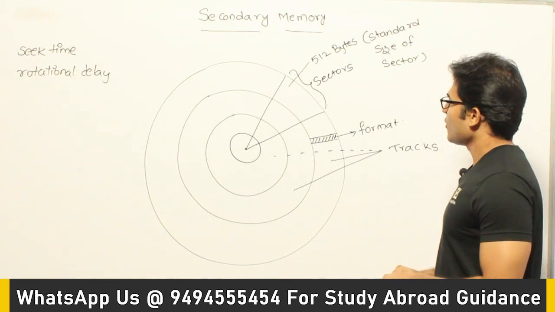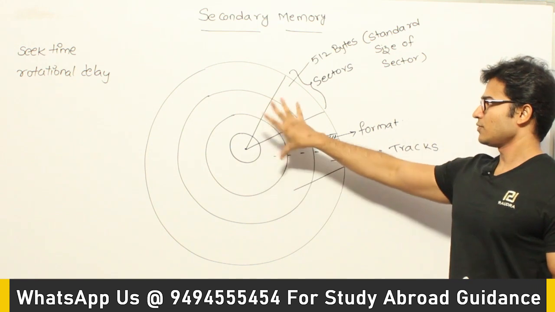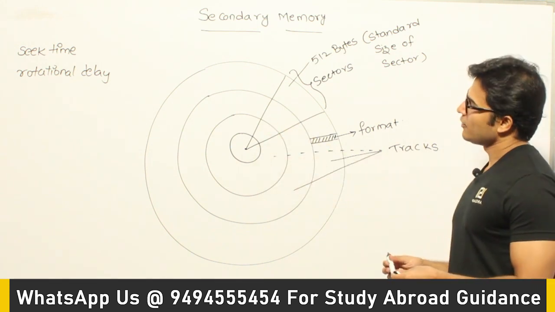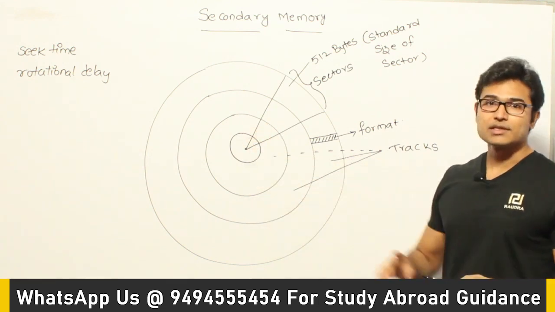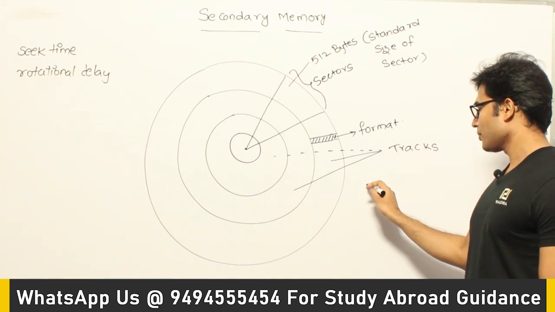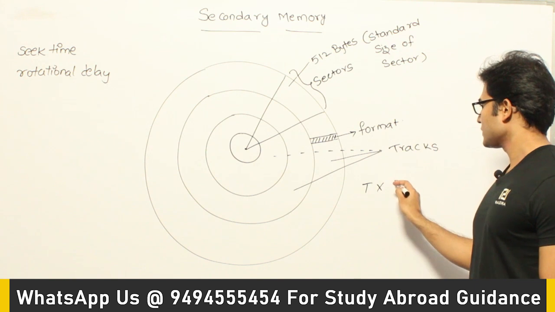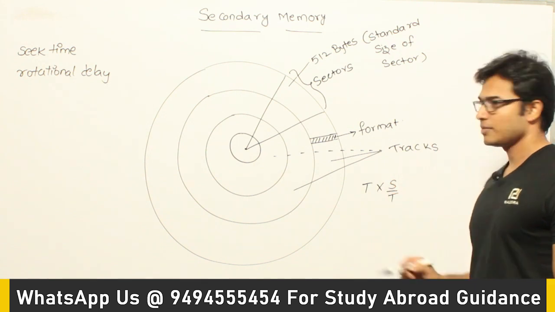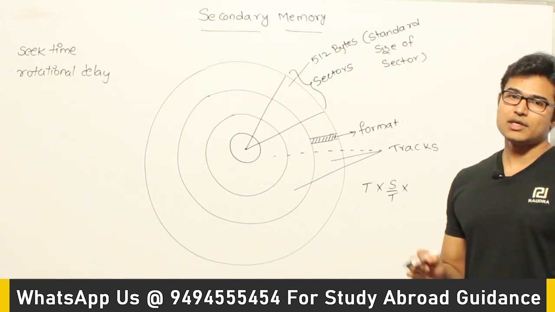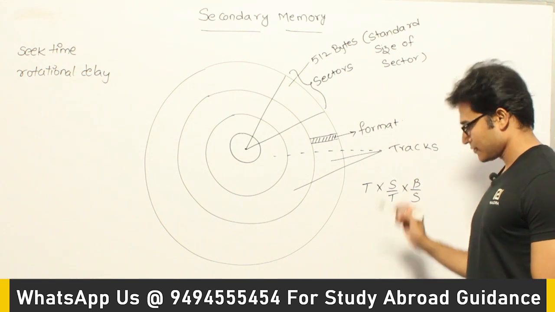Now, to find the total capacity of one disk, we need to know how many tracks there are, how many sectors there are per track, and the size of a sector, which means the number of bytes per sector.